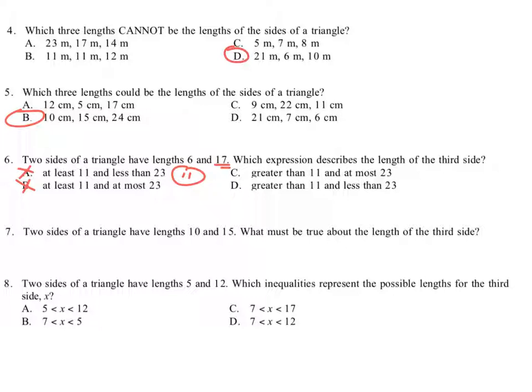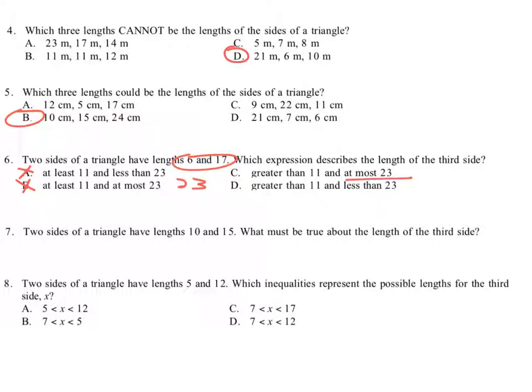Okay. Now, the other part is what if it was the longest side that we were looking for? Well, then these two sides together that are here, making a length of 23 when you add them together, that number 23 has to be greater than what the other side is, because we need those two side lengths to be greater than that side.